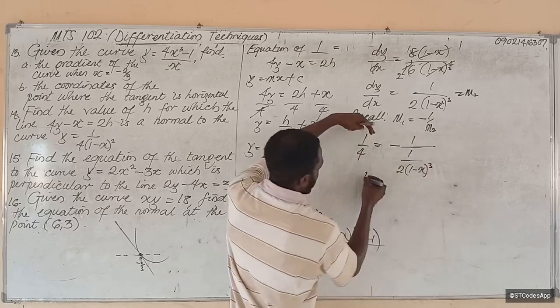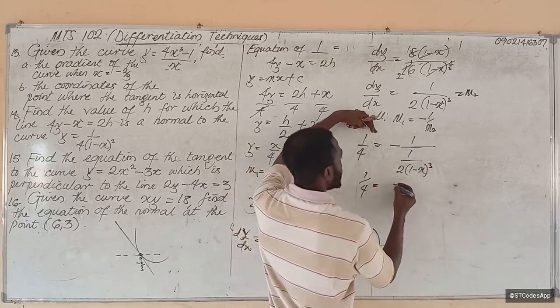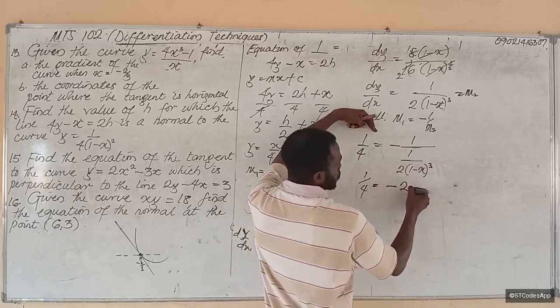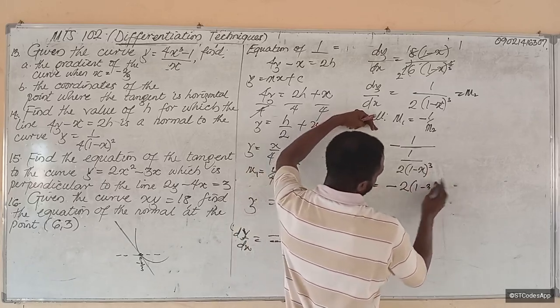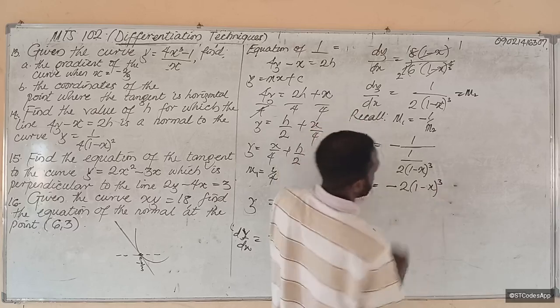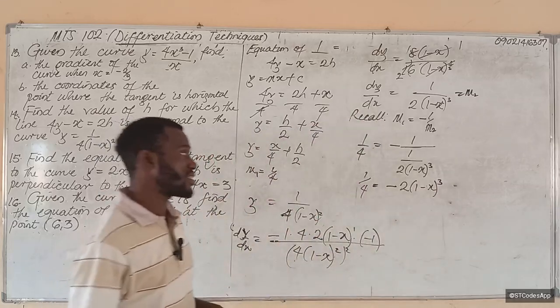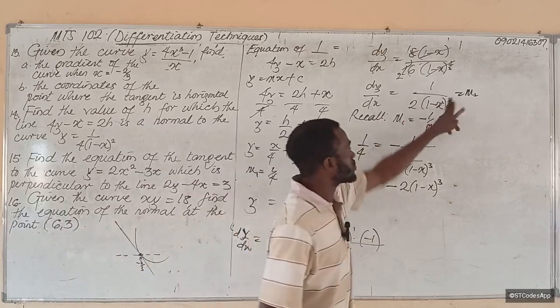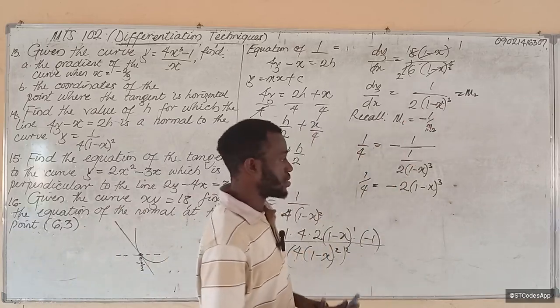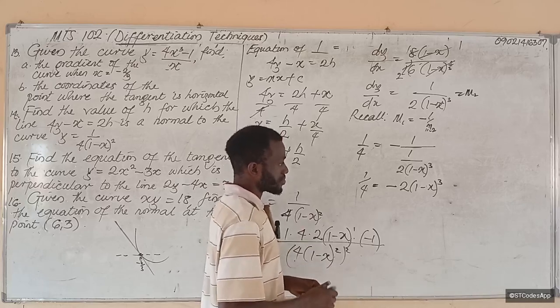So we just invert. So I have 1 over 4 equal to negative 2 into bracket 1 minus x all raised to power 3. I hope this is clear. What I just did is I took the inverse of this.